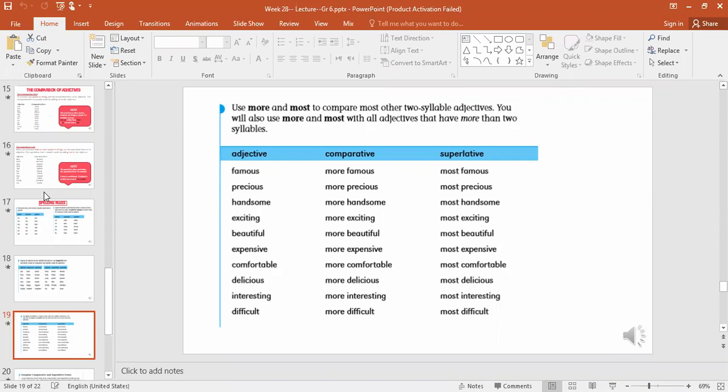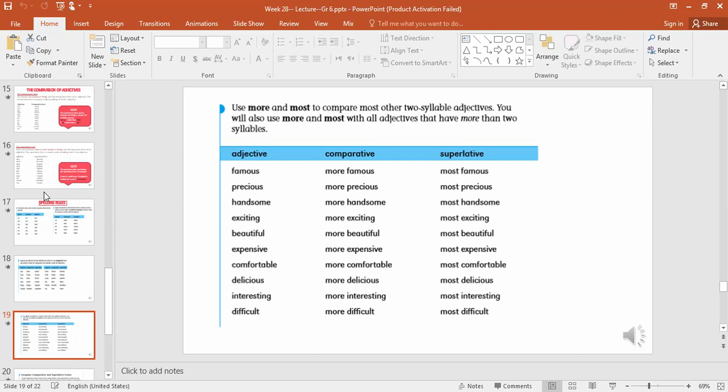Expensive, three syllables. Comfortable, three syllables. Delicious. Interesting, four syllables. Difficult, three syllables. These words which have two or more syllables and do not end with Y, when you want to change them to the comparative or superlative form, we use more and most.